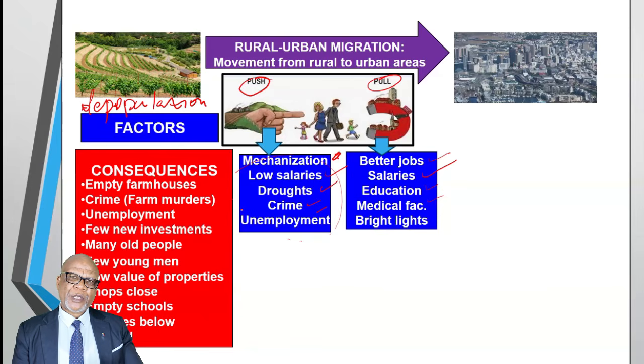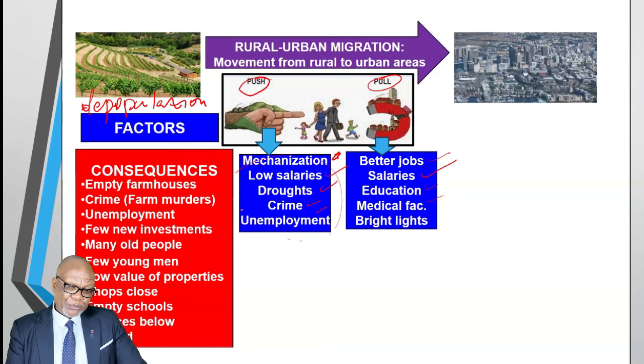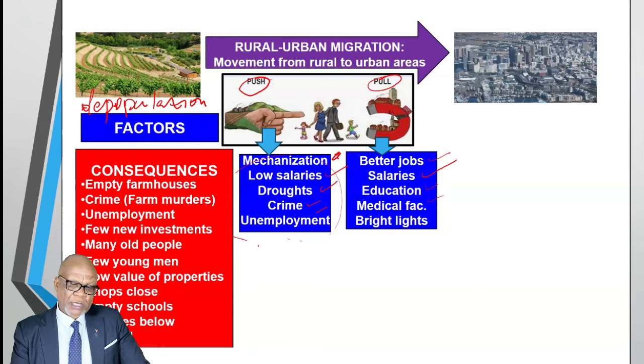Now you see there is going to be now a rippling effect. People is going to move out. Now it's going to result in unemployment. Now, once now the investors see that most of the skillful people have moved out, they will not invest there. So there's going to be few investment in rural areas. Many old people will remain behind because they are on pension.